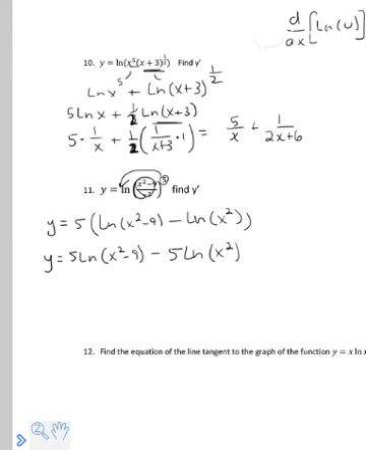And now we take the derivative of the natural log of x squared minus 9. So we're going to have 5 times 1 over x squared minus 9 times the derivative of x squared minus 9, which is 2x, minus 5 times 1 over x squared times the derivative of x squared, which is 2x.